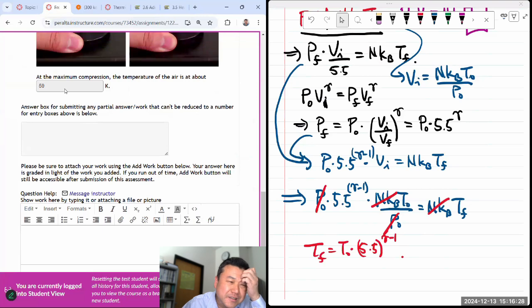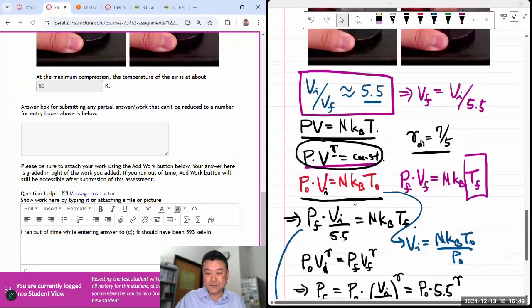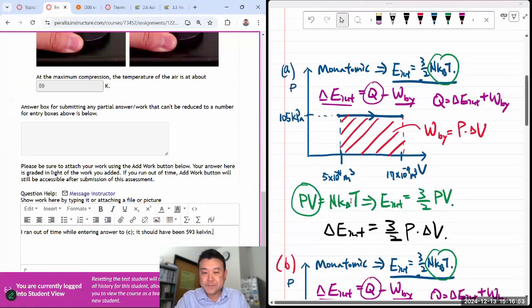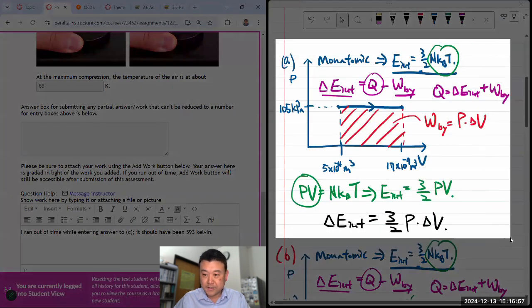I should have been watching time. That was supposed to be 5. I ran out of time while entering the answer to C. It should have been 593 Kelvin. Come on. I'll bring the answer key over so that you can confirm that I was right. Sorry, I shouldn't have been so disorganized. Let me paste in my answers and then we'll be done here.